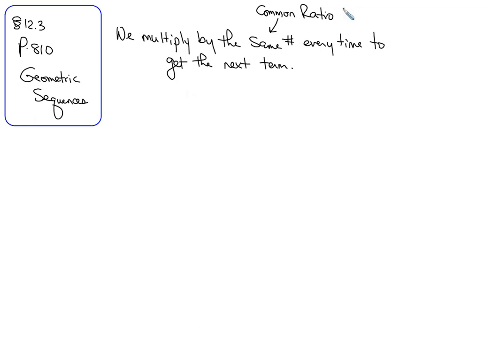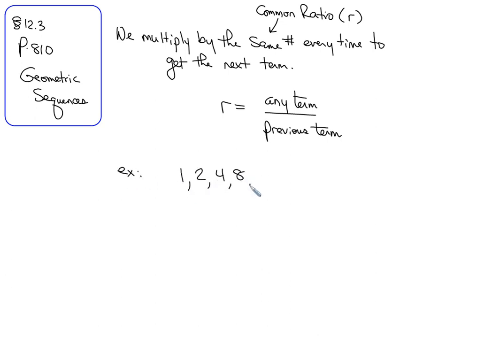So it turns out that the common ratio, which we call R, is always equal to any term divided by the previous term. So for example, we may have something that looks like 1, 2, 4, 8, 16, 32, and so on.